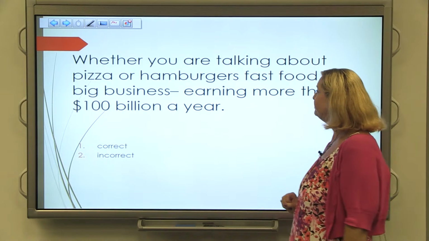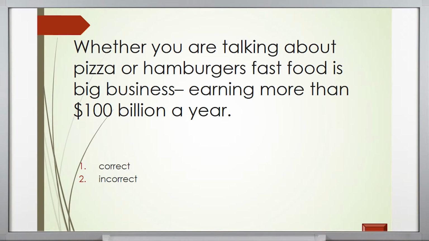Let's try this one. Whether you're talking about pizza or hamburgers, fast food is big business, earning more than $100 billion a year. I'd like a little bit of that. I don't know about you. But do you think this is correct or incorrect? Do you see that word on the right-hand side of your sheet of gold?